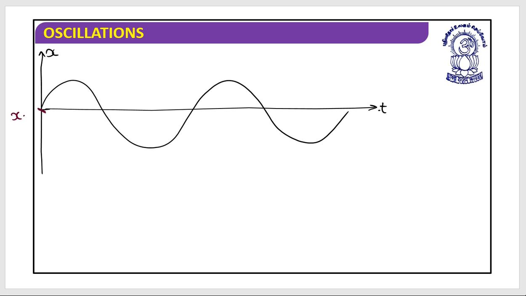From the mean position, you reach the maximum, which we call the amplitude. From the maximum, again you reach the mean position. From this mean position, again you reach the maximum on the other side, the negative one, which is minus a. Again from this position you reach the minimum.